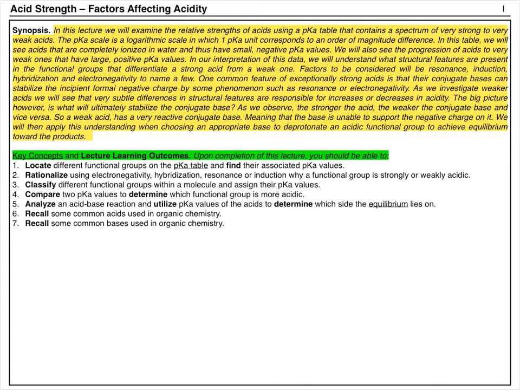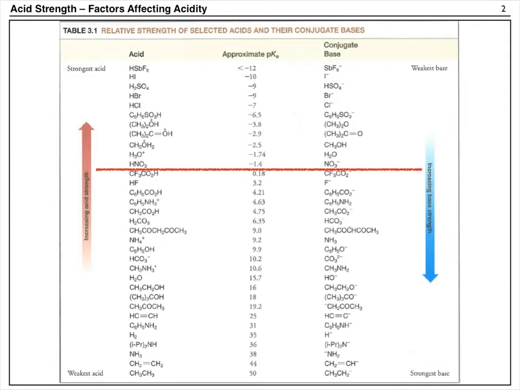So let's go ahead and start by examining a pKa table. So the relative strengths of acids and their conjugate bases. This table is fairly lengthy. In the first column here, we have acids from very strong acids such as hexafluoroantimonic acid, down to very weak acids such as ethane.